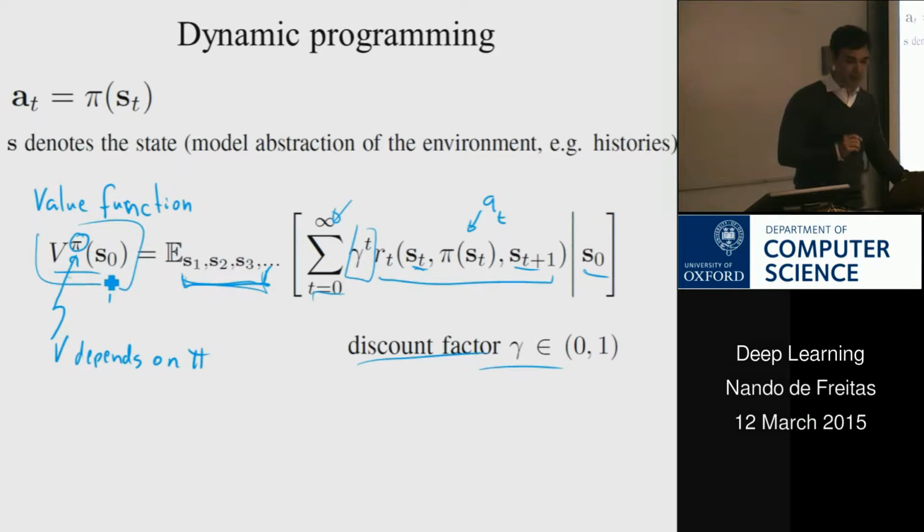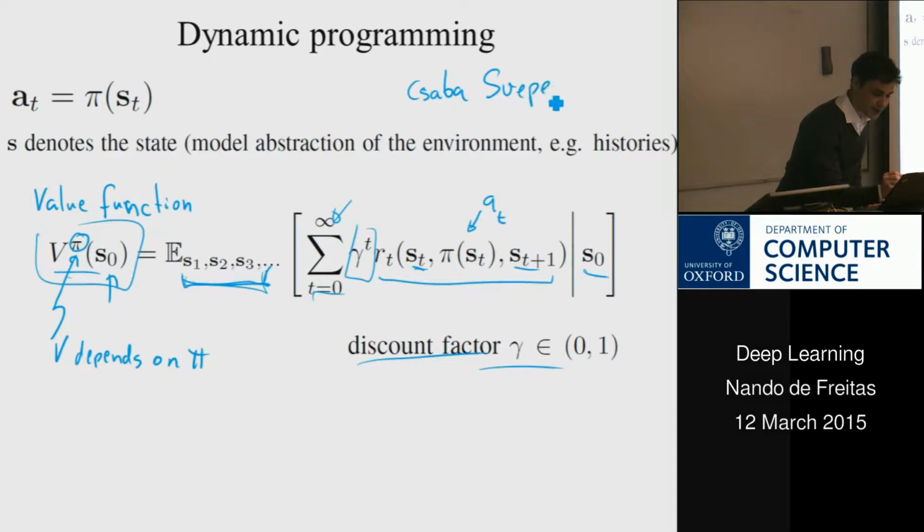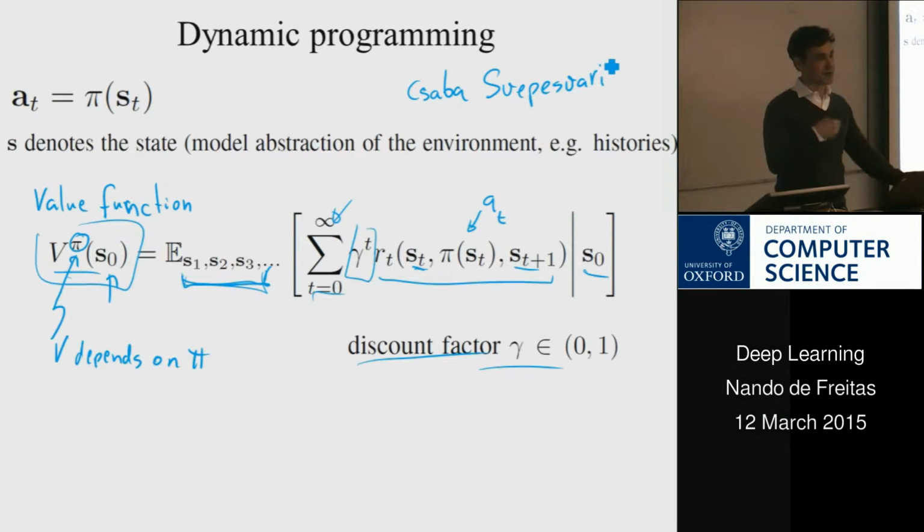Now, I'm not going to go into theory here, but essentially there's a lot of beautiful theory behind this. I recommend a very nice reinforcement learning book by Csaba Szepesvari that's available online. And in the appendix, he proves a few of the key theorems that we need to understand.